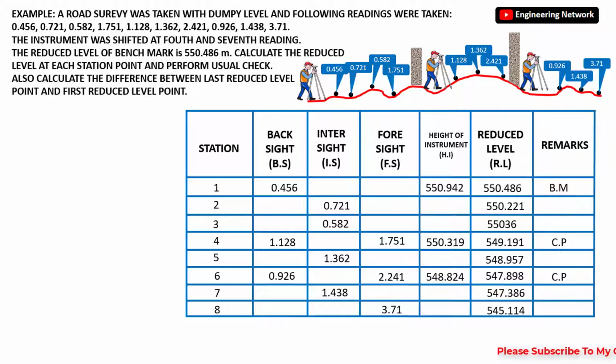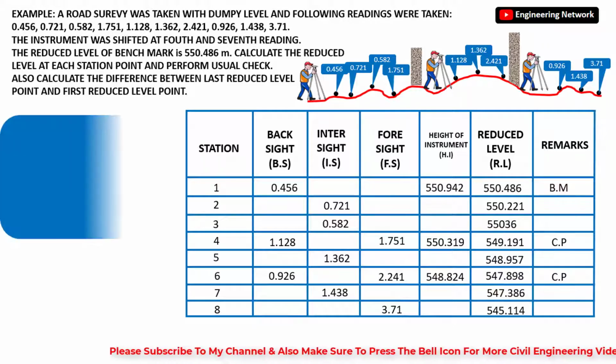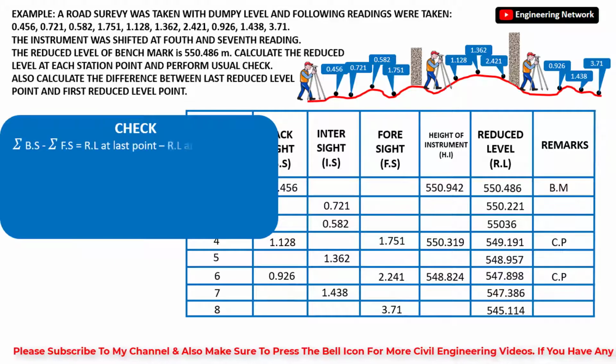Now it is also required that I do a check in order to verify the results. The check states that the sum of backsight minus the sum of foresight must be equal to the reduced level at the last station minus the reduced level at the first station.